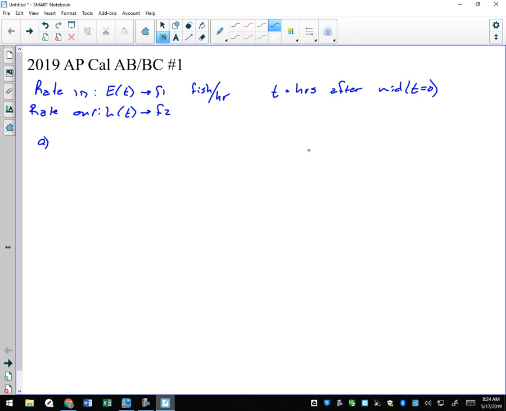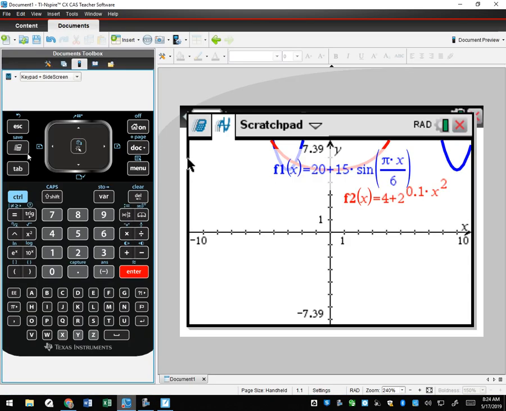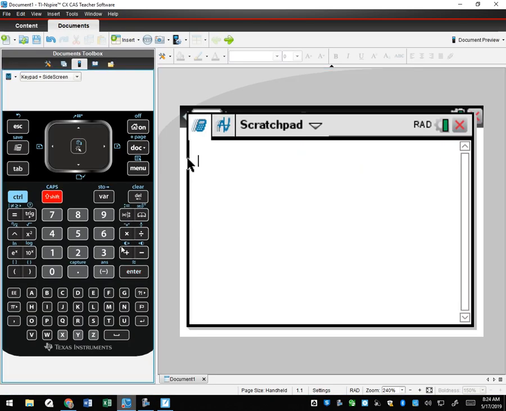So you want the number of fish who have entered. That would be the antiderivative of the rate that they enter on the interval 0 to 5. And so I'll go to my calculator and punch that in. You're expected to do definite integrals in the calculator. You must show the setup, but you do not have to show the actual antiderivative, which you could do by hand.